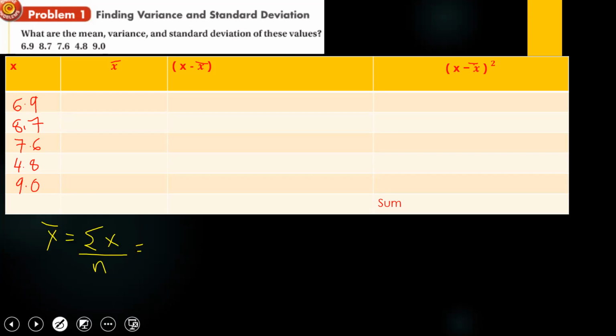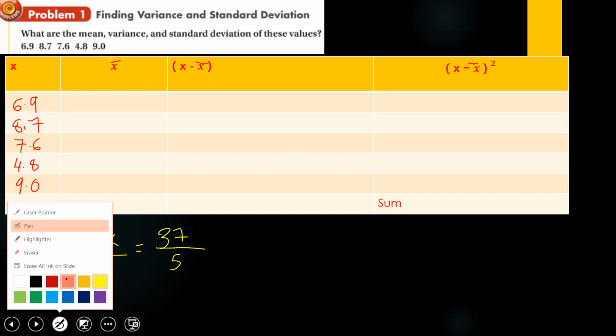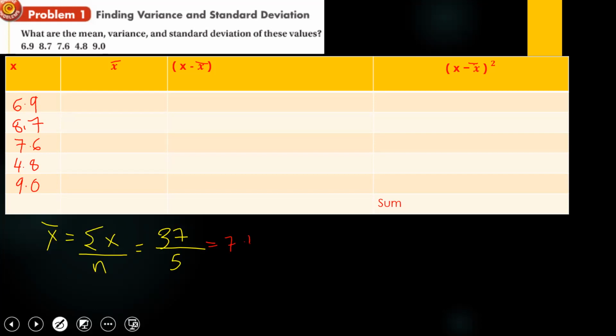Let's add the numbers: 6.9 plus 8.7 plus 7.6 plus 4.8 plus 9. They sum to 37, over how many values? We have 5. So 37 over 5 is 7.4. We write 7.4 in each row.